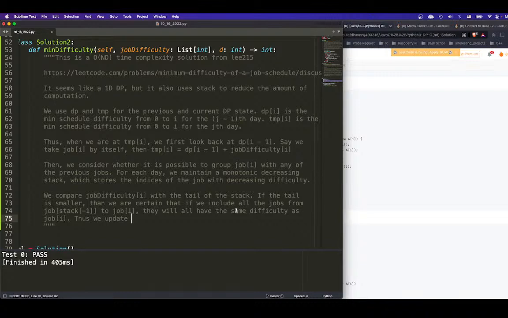Why? Our current job has a higher difficulty, right? If it has a higher difficulty, then it'll be wise that we use a higher difficulty. Yeah, that's the reason.